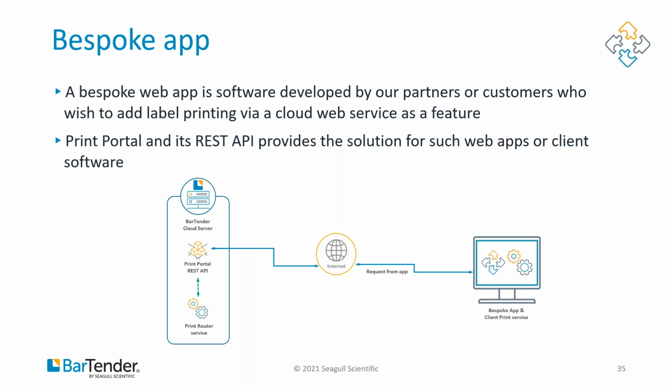So imagine, for example, a restaurant or a cafeteria that needs to print labels for their various food products. They don't want to go necessarily to the expense of installing a full version of BarTender, even if it's like the starter edition.